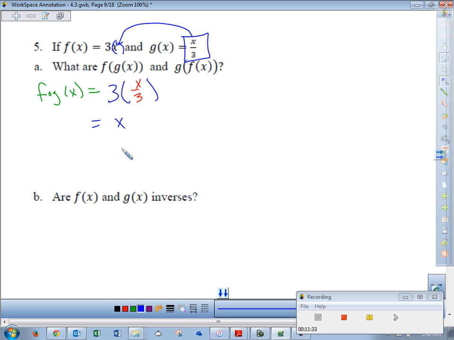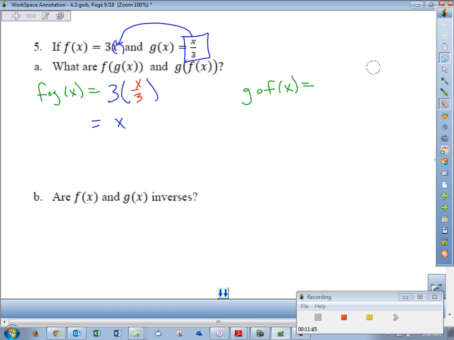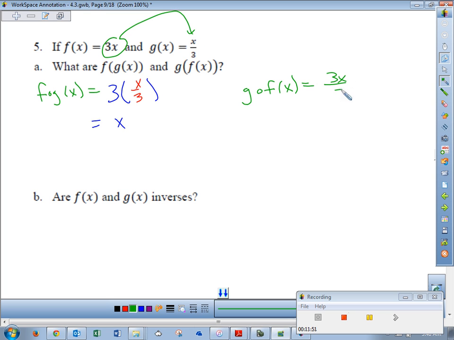I got x back. g of f of x, f goes into g. You'll get 3x over 3, which is x. Are they inverses of each other? Yes!